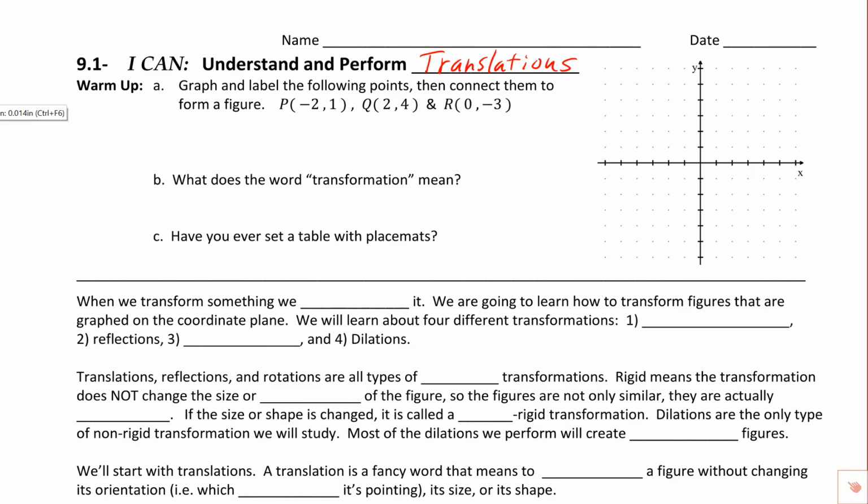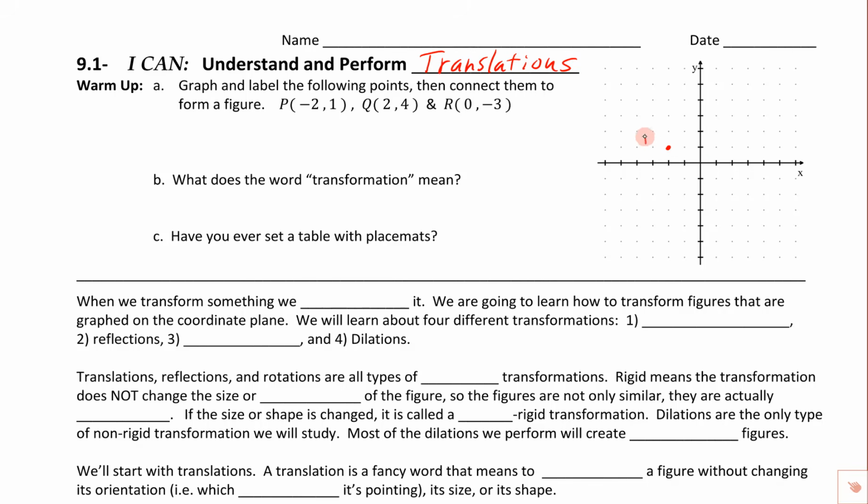It says graph and label the following points and connect them to form a figure. So we're going to start with the point P. When we see a capital letter like this, that's going to indicate a point. This point is going to have coordinates -2, 1. So we're going to come over here to the graph, and we're going to go to -2, 1. So that would be right here.